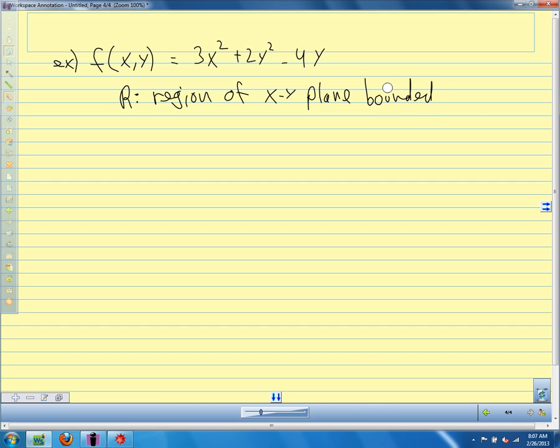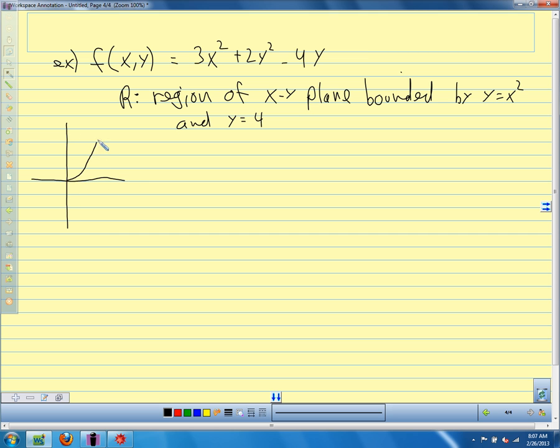bounded by y equals x squared and y equals 4. So our region in the xy plane is going to be this parabola, like so. And we have this line up here.